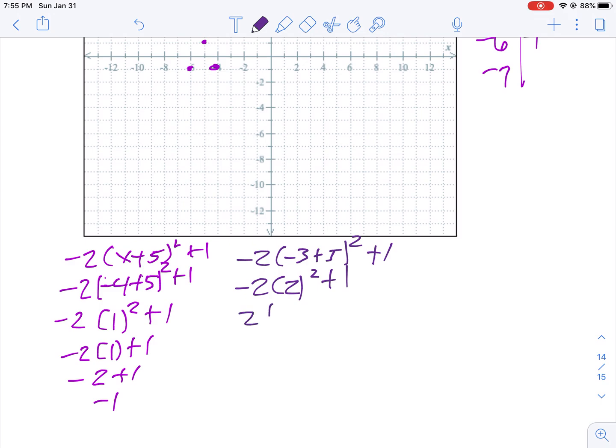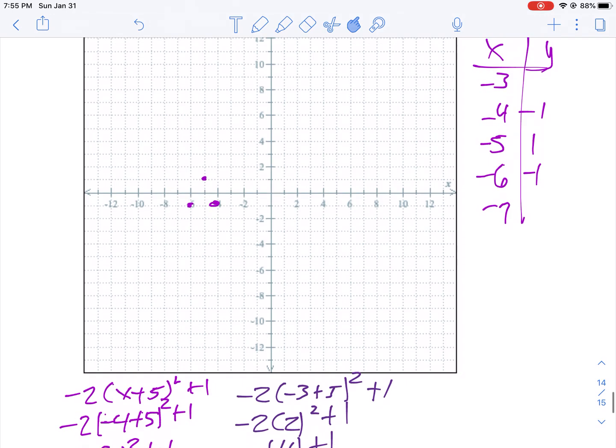You square that, you get 4. Negative 2 times 4 is negative 8 plus 1 is negative 7. So both of these, since it's symmetric, should be at negative 7. And then draw your parabola.